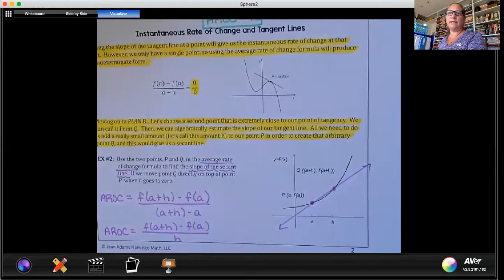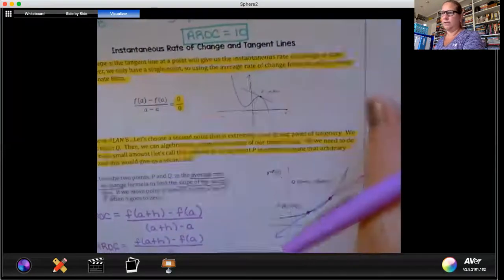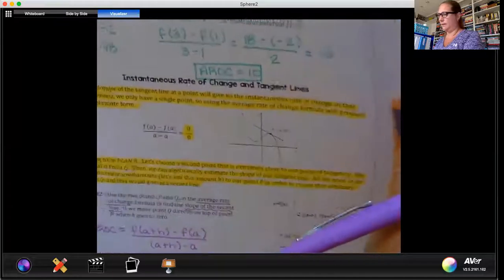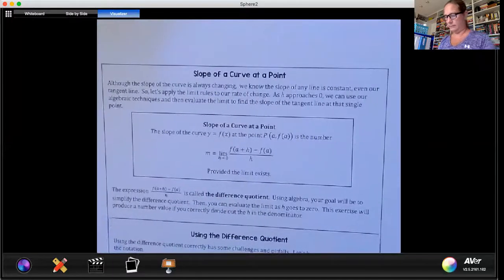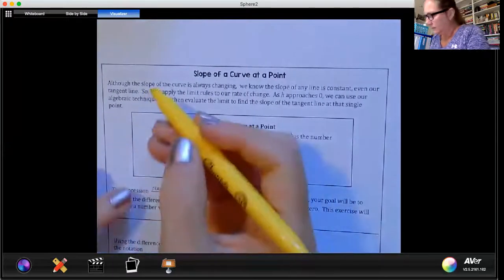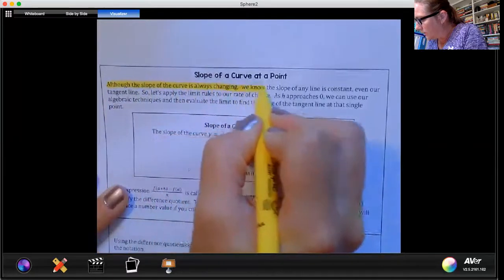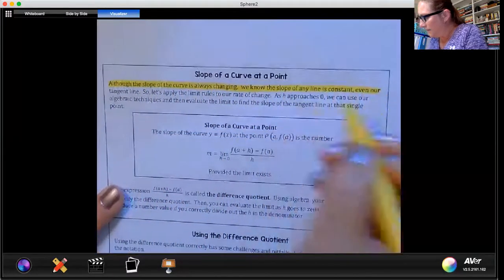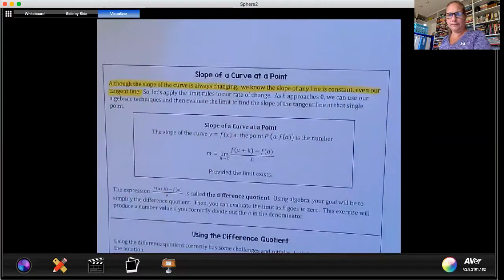So whether you realize it or not, what you've just done is you've created a formula to help you find the slope of a curve at a point. Although the slope of the curve is always changing, we know the slope of any line is constant, even our tangent line.